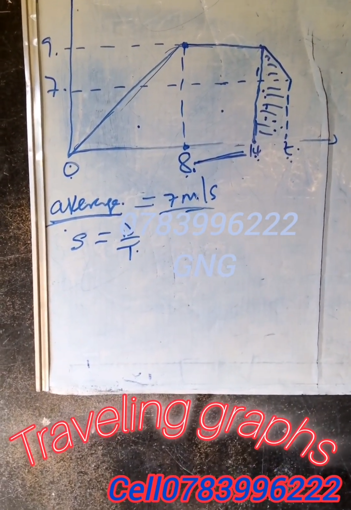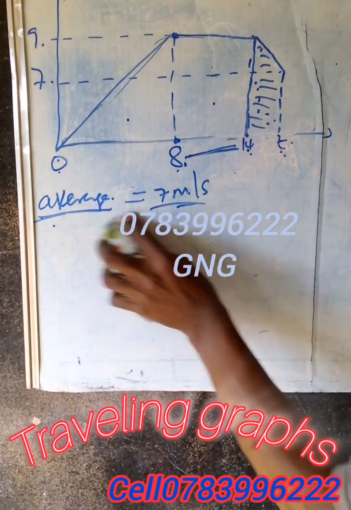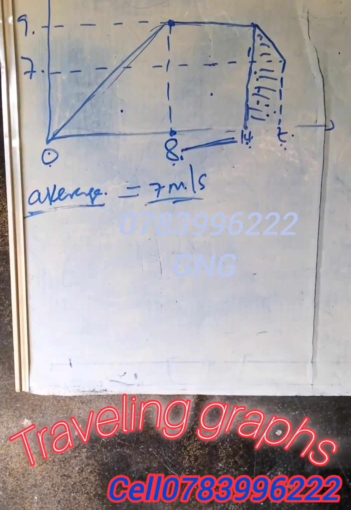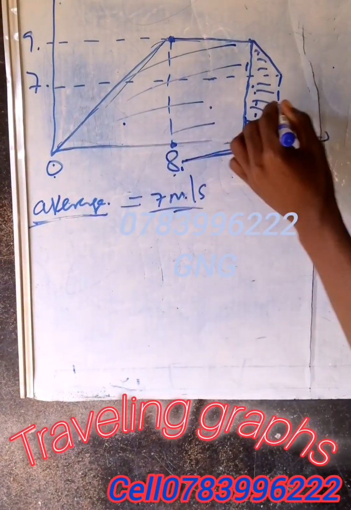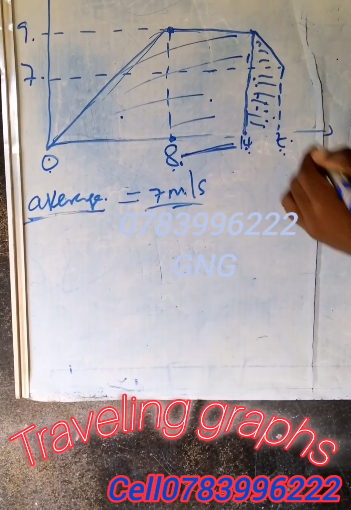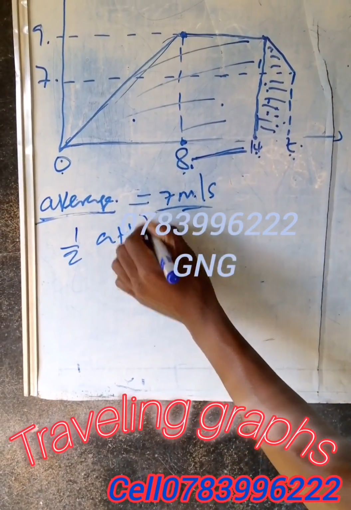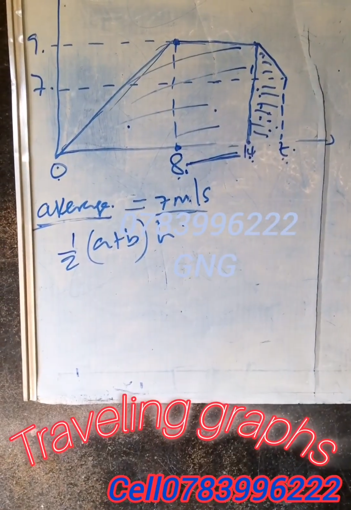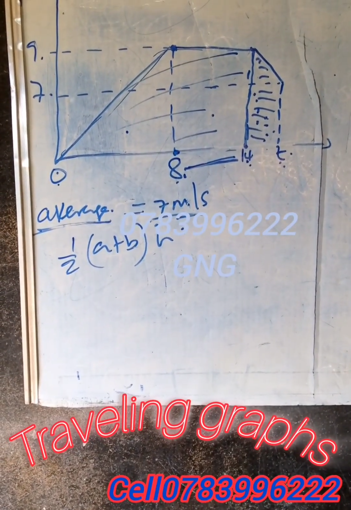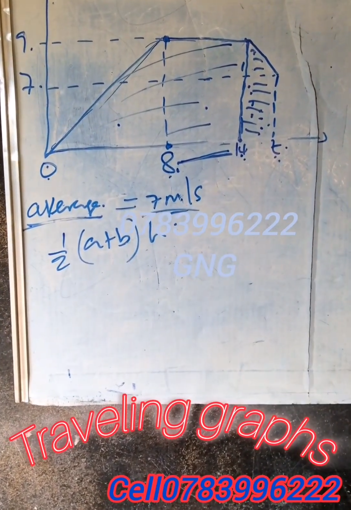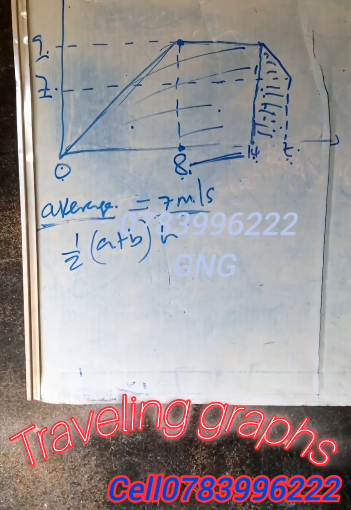We will calculate the area of this whole chart: the area of this part plus the area of this trapezium. So what will be the area of this trapezium? It is the same, half (a plus b) times h. But the difference is that our a and b this time will be 9 and 7.